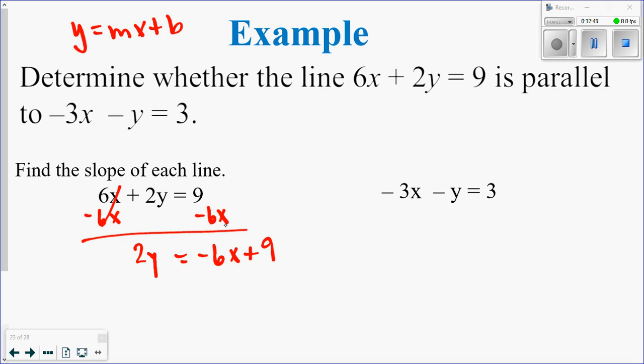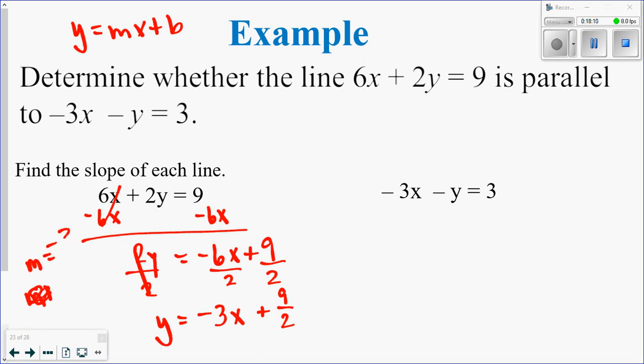Remember, you cannot put those together because they're unlike terms. And we're going to divide everything by 2. So y equals -6 divided by 2 is -3x, plus 9/2. I'm just going to leave it. And then this one has a slope of -3. And if you think about it, it's -3/1.